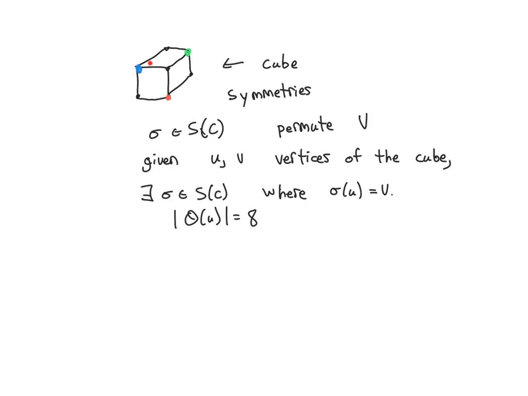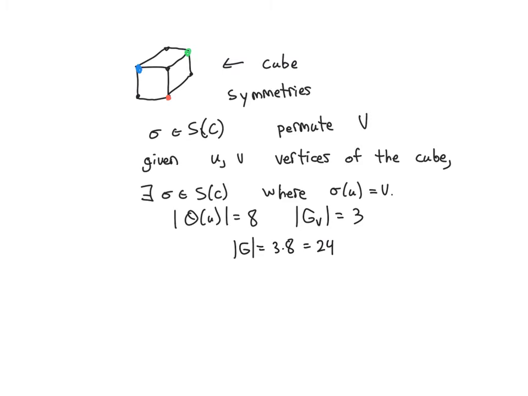That symmetry fixes this vertex, so it is in the stabilizer, and its inverse does too, and so does the identity element. So it turns out the stabilizer of a vertex has order 3. And so 3 times 8 is 24. So this group has order 24.